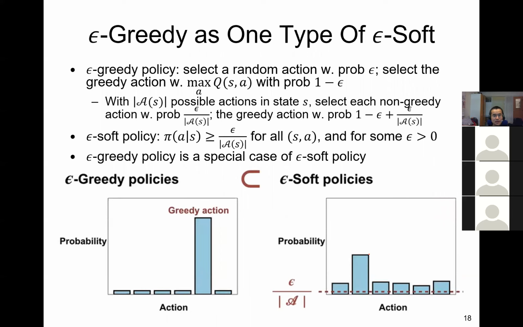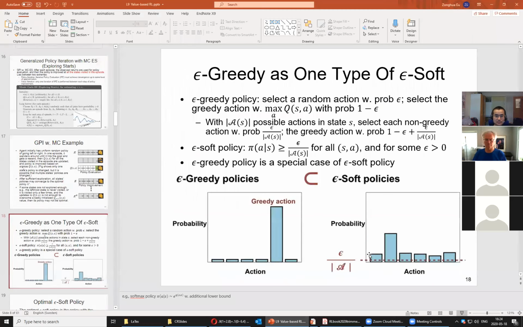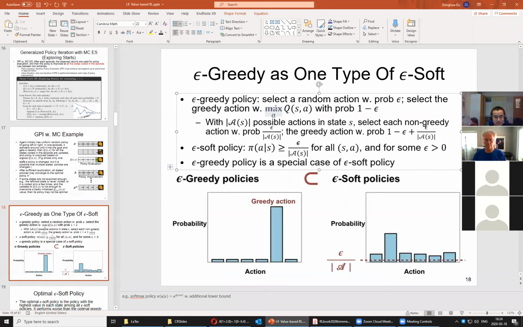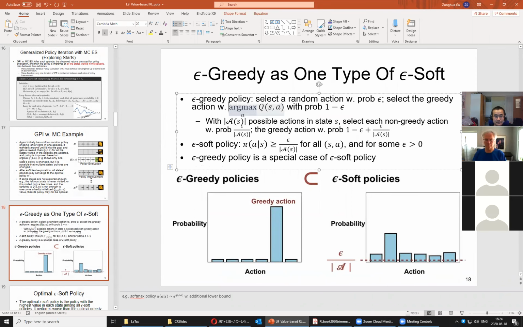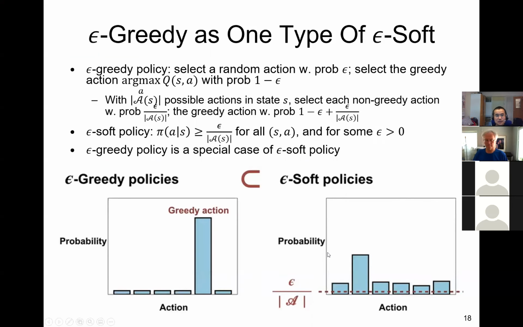So epsilon greedy, we saw it before. It selects a random action with probability epsilon. Select the greedy action, which is the argmax, with probability 1 minus epsilon.